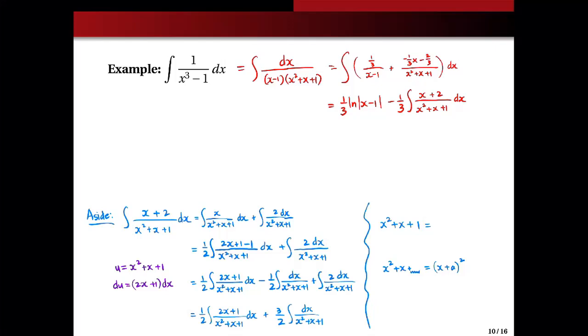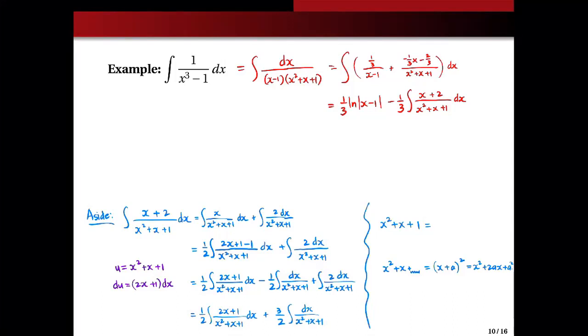If you expand this, you will get x squared plus 2ax plus a squared. 2a is the coefficient of x here. The coefficient of x here is 1.